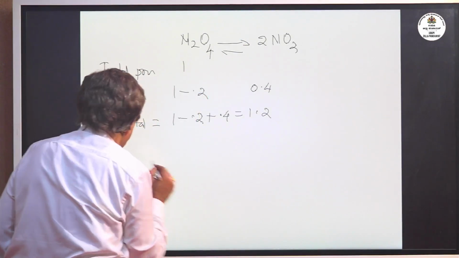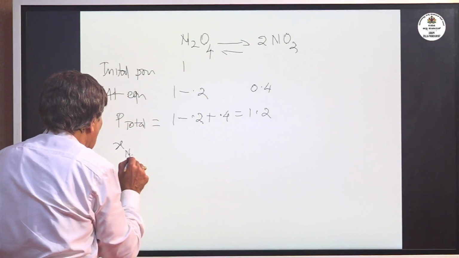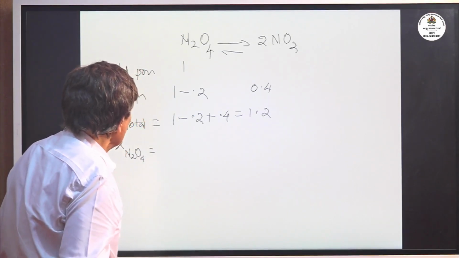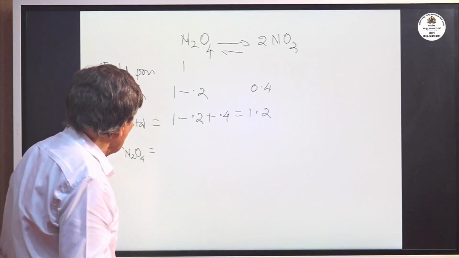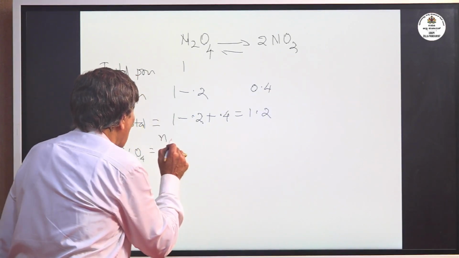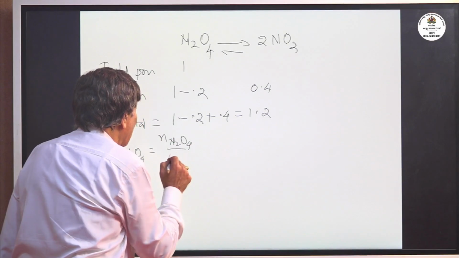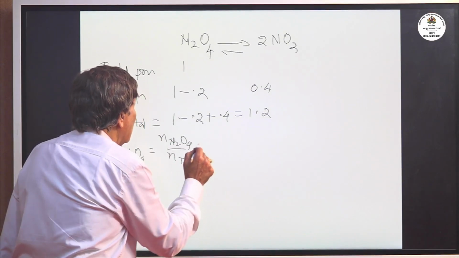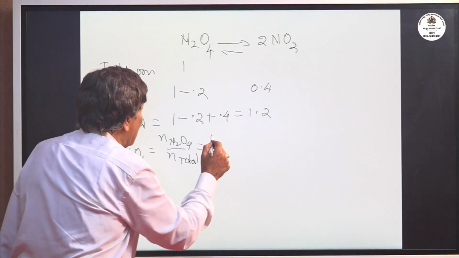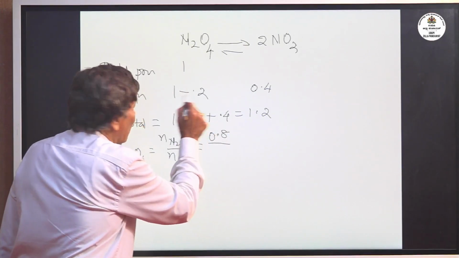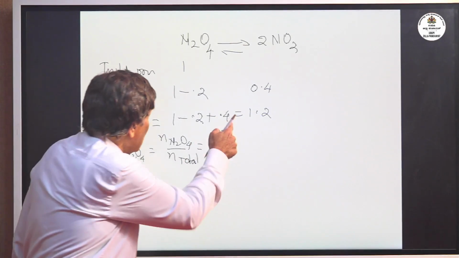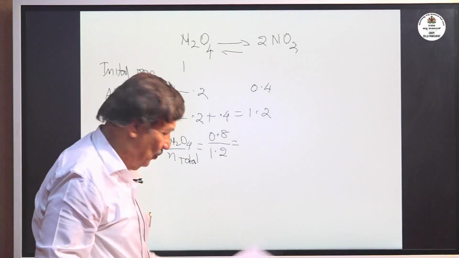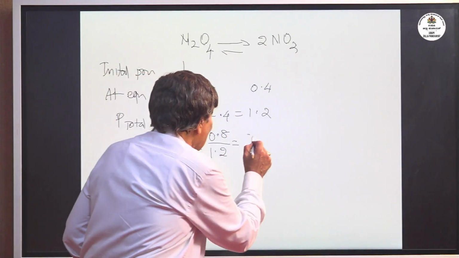Then mole fraction of N2O4. We want mole fraction of N2O4. How will you find it out? Number of moles of N2O4 divided by total number of moles, N total. Number of moles of N2O4 is 0.8, correct? 1 minus 0.2 is 0.8. Total is 1.2. So 4 2s are 0.8, 4 3s are 1.2, it will be 2 by 3.